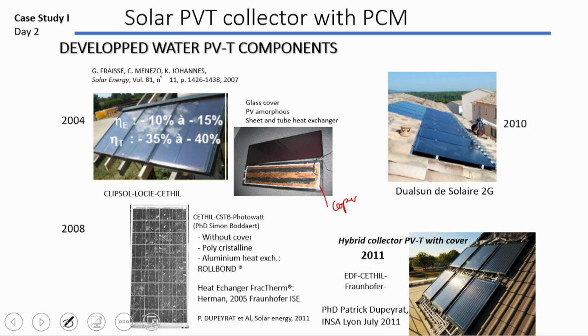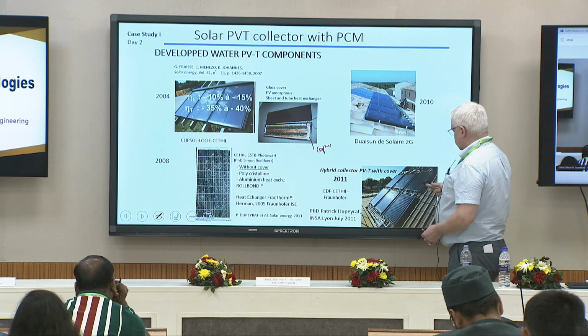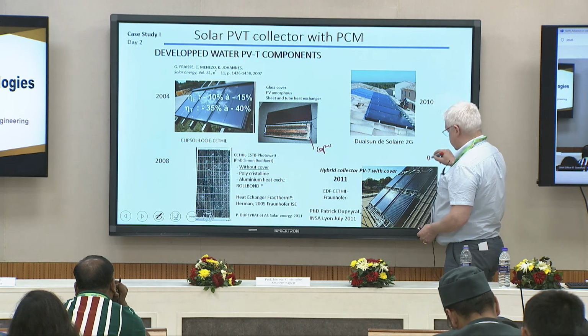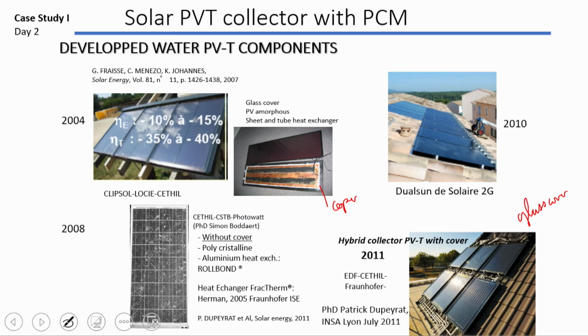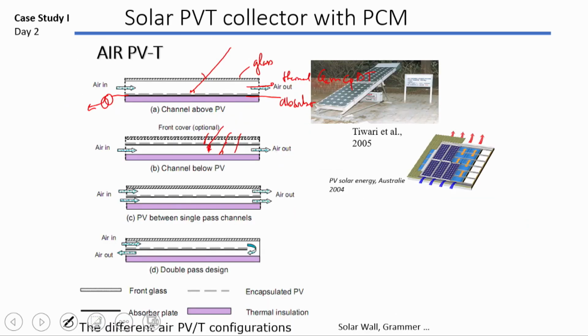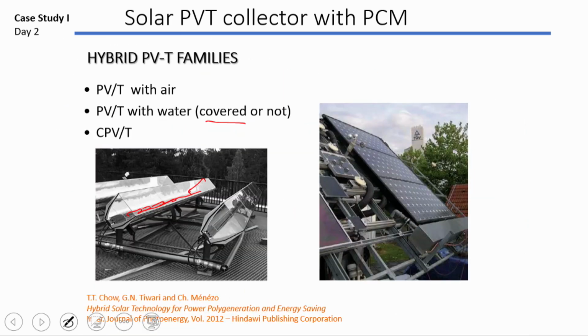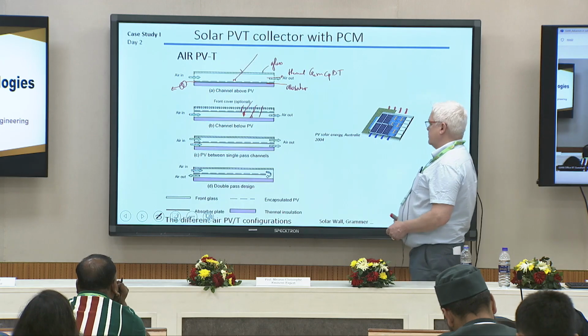The more accurate one that we have developed is this one. It has been developed with EDF and the Fraunhofer Institute. It is a glass covered PVT. So finally the configuration is like this plus a cover.